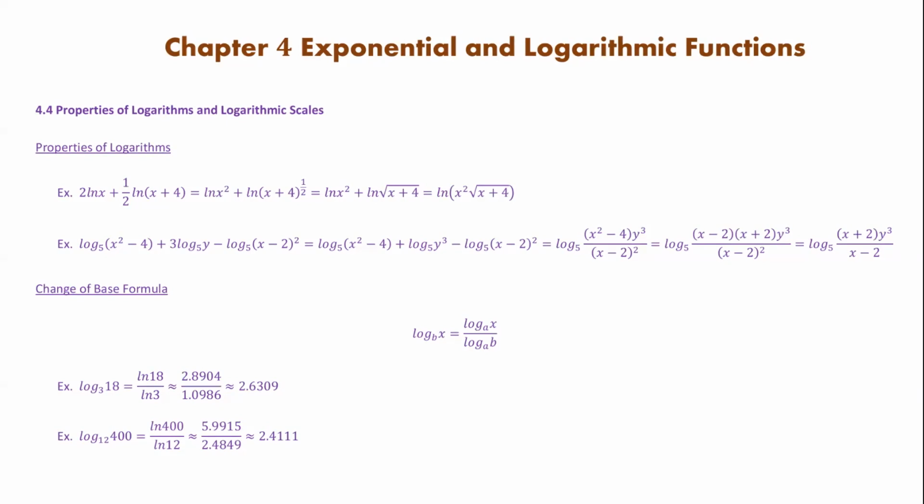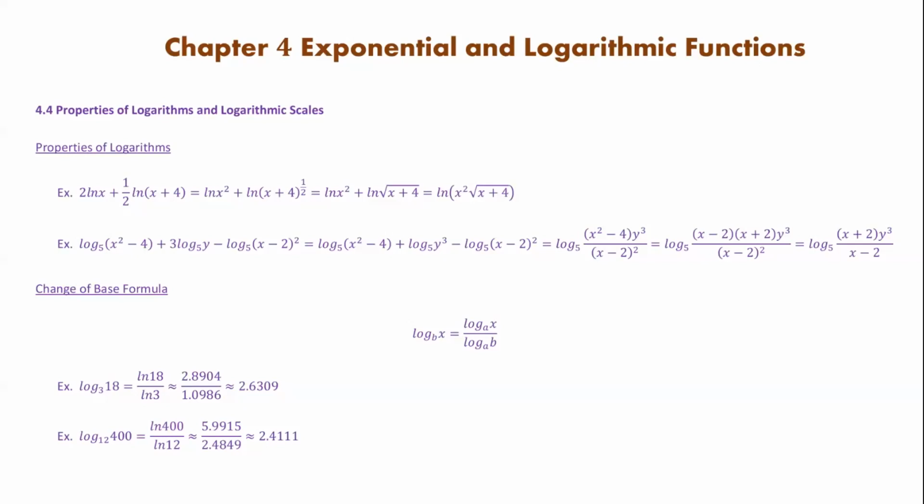If no questions, then we're going to discuss an important property for logarithms, and that's called the change of base formula. Okay. So it says if you try to take a logarithm of a number x with base b, you can actually take the logarithm of both x and b using another base a, and divide those two logarithms. Okay, so this is especially important when you have an uncommon base b like 1.3.